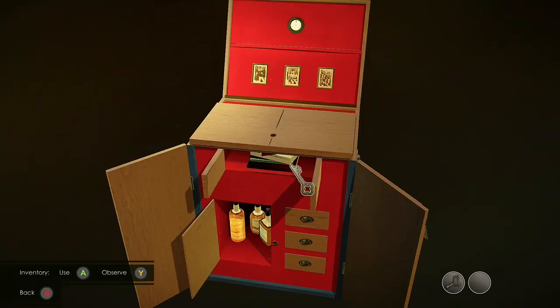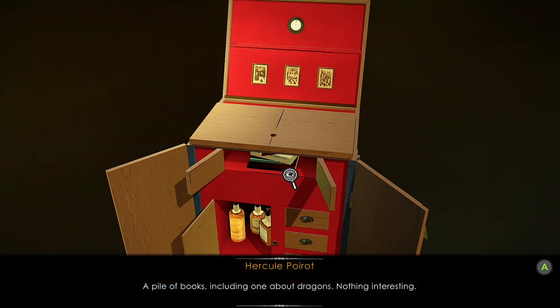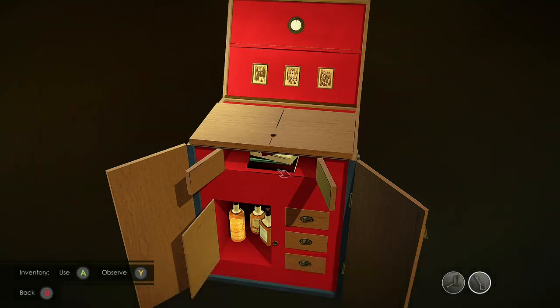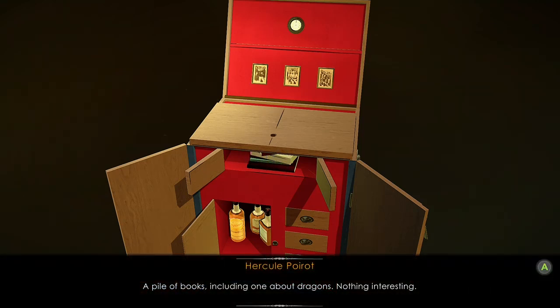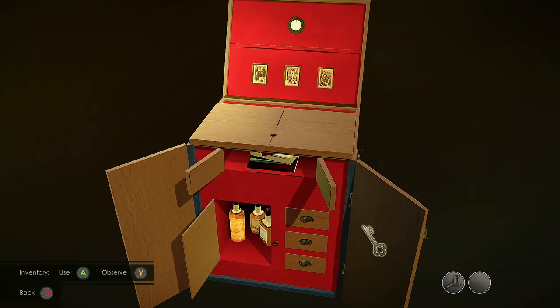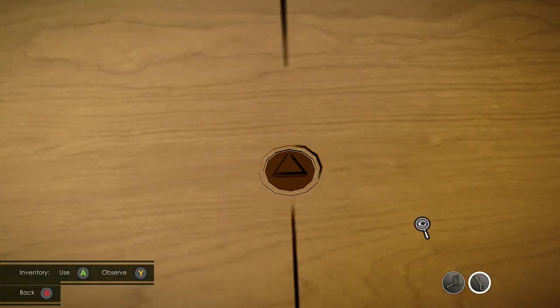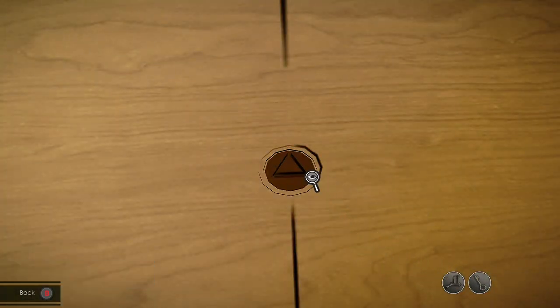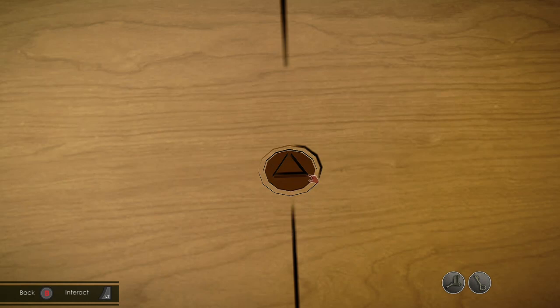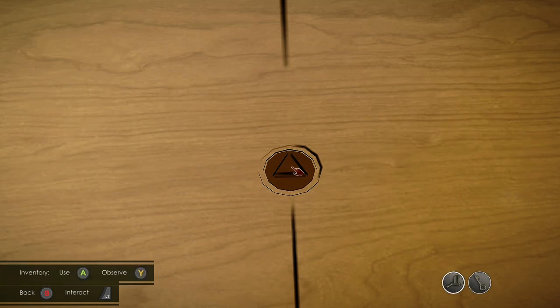Oh, okay. A pile of books, including one about dragons. Nothing interesting. Okay. Wait, what's this? Oh, Allen key. Wait, what?